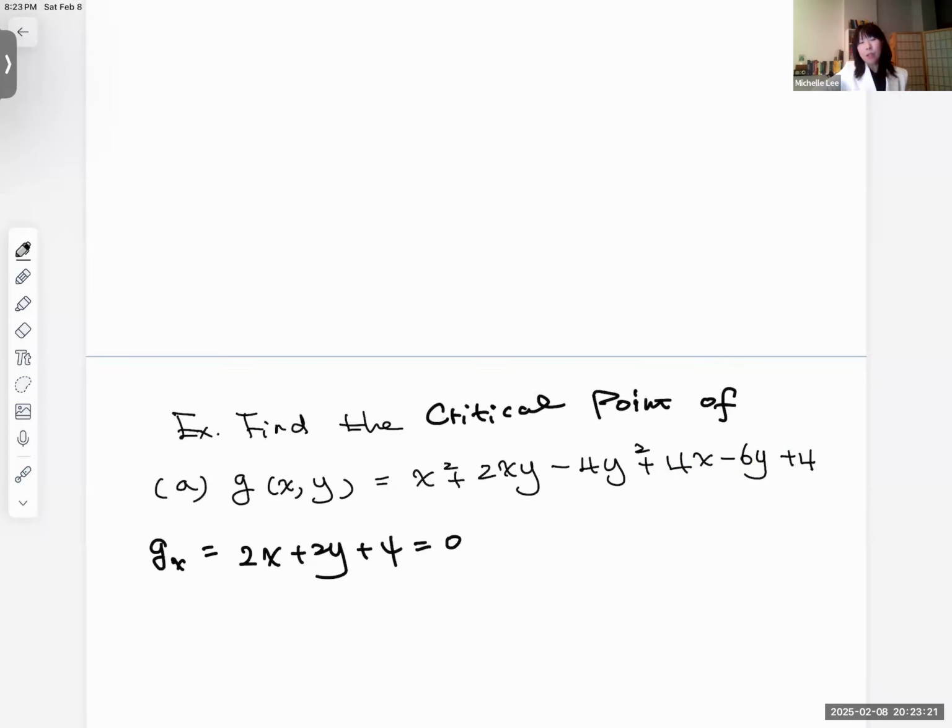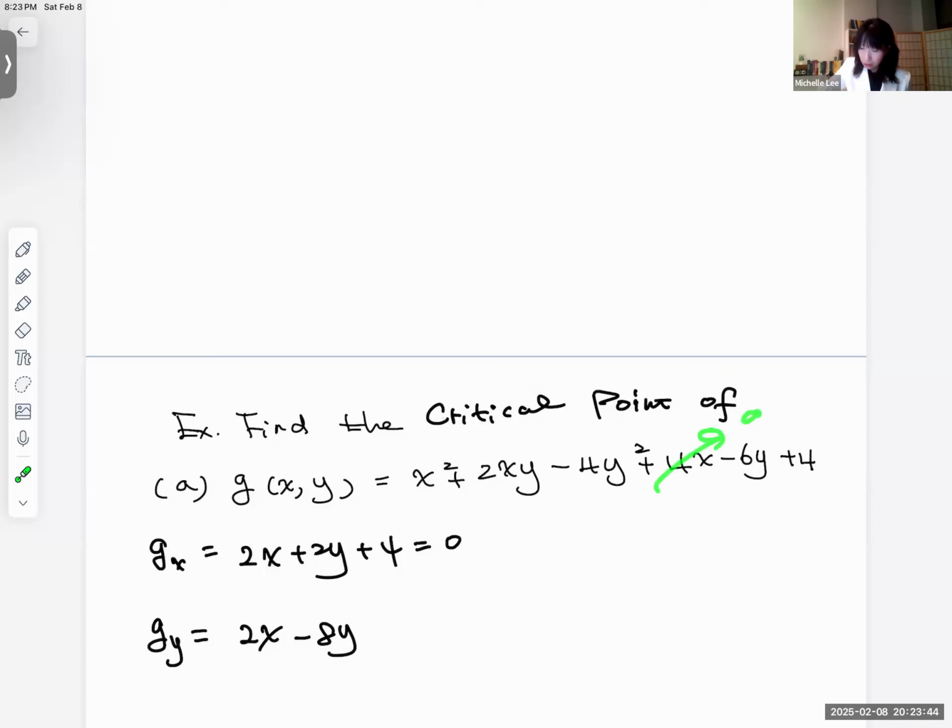Now we need to find the partial derivative with respect to y. The first term is 0. The second term, we have plus 2x. And the third term, minus 8y.